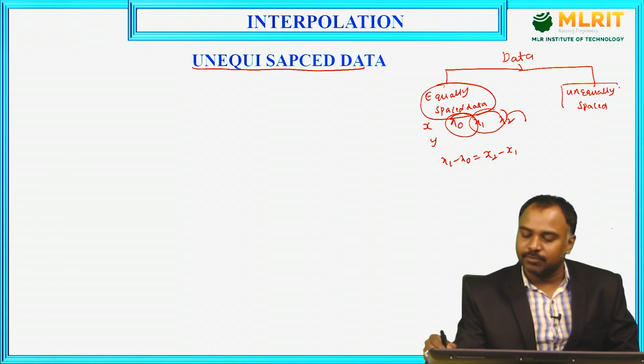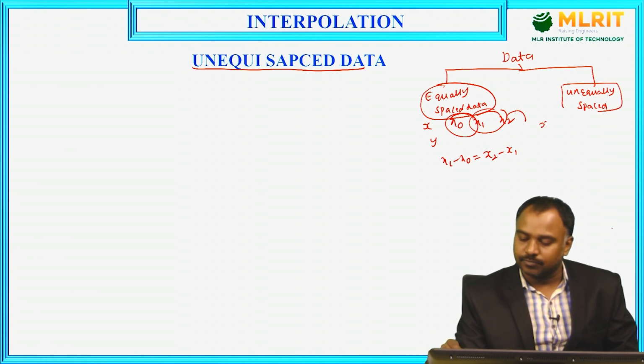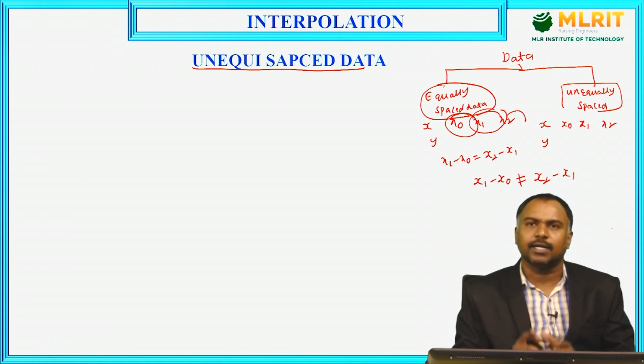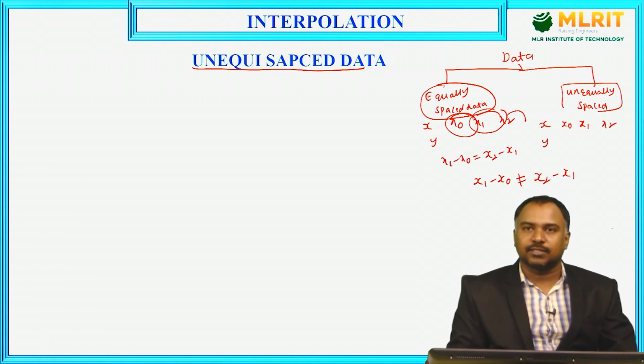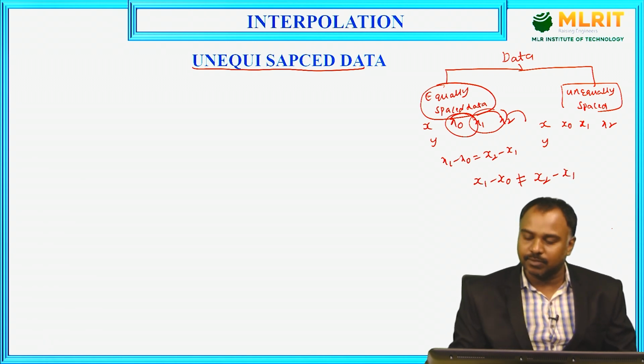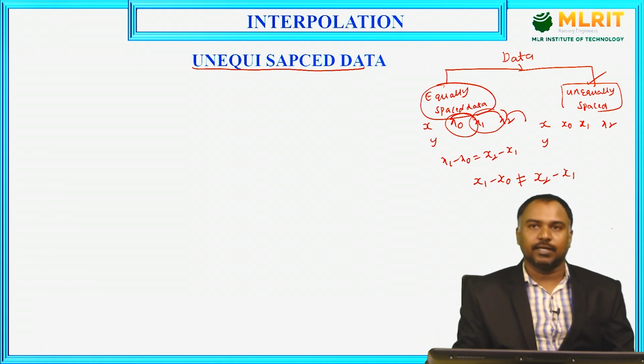Unequally spaced data is where the x values are not evenly spaced, or x1 minus x0 is not the same as x2 minus x1. If at least one of the differences between two successive values of the x series is not the same, we say that it is unequally spaced data.